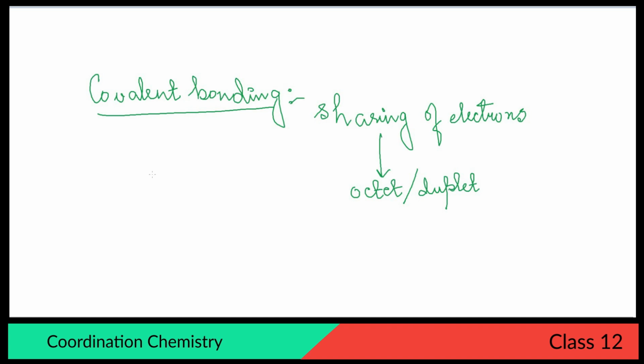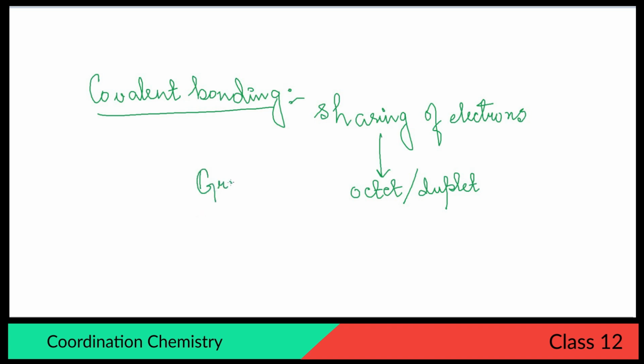Firstly, see, duplet rule actually means possession of 2 electrons in its valence shell. I repeat, duplet rule means having 2 electrons in its valence shell, right? So, the nearest entity which might have 2 electrons in its valence shell is group 1.